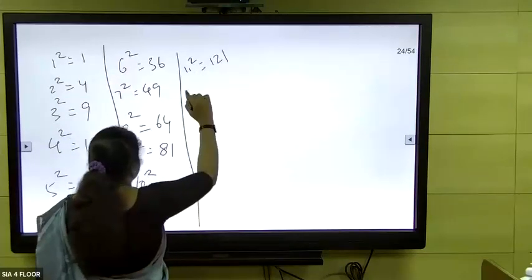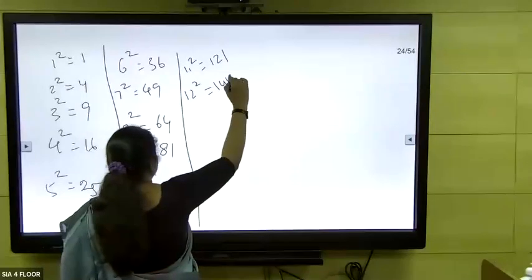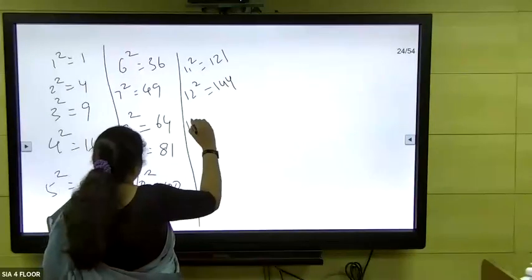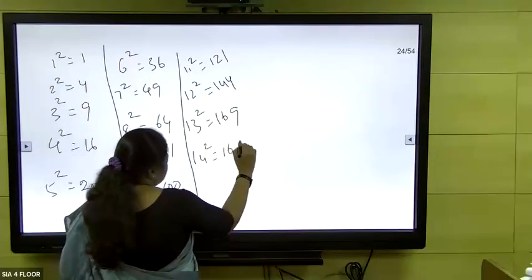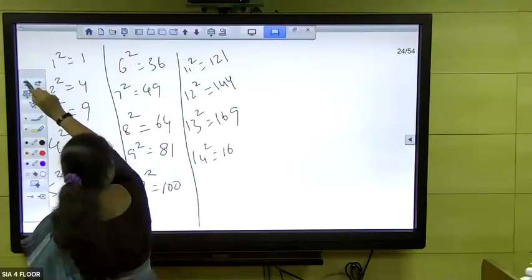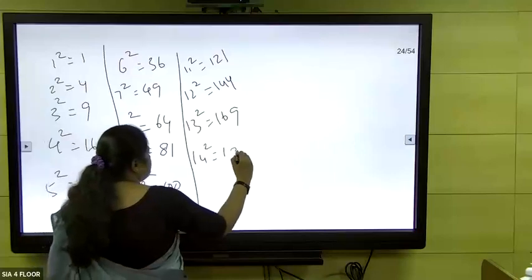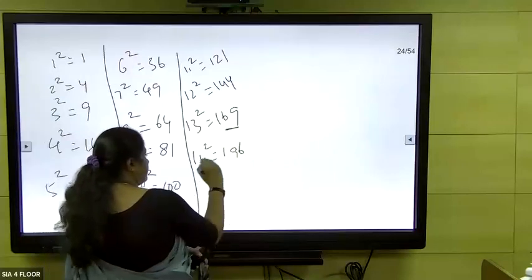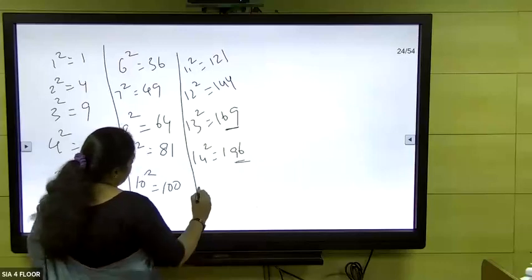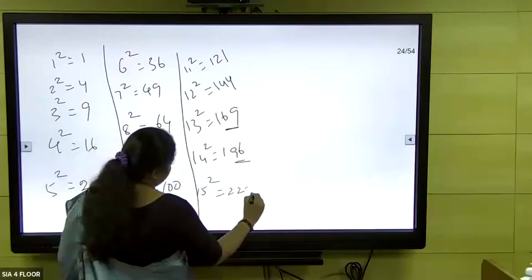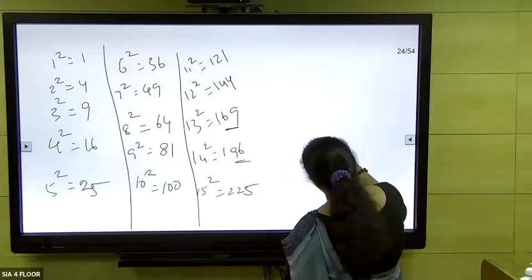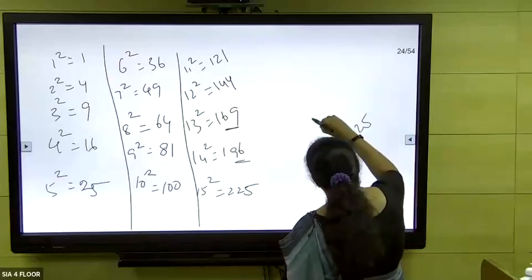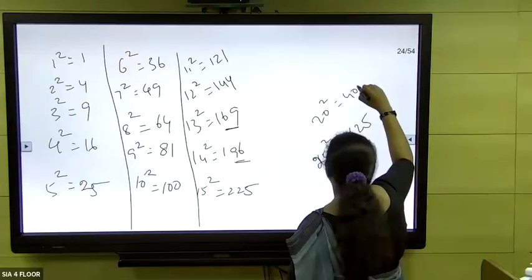From 11 to 15 is very important. You should know till 25, but at least till 15. You should remember 169. I think I told you in class that 13 and 14 are easy to remember: you have 169, and just the reverse of it is 196. So 15 square 225. And commonly used square numbers are 25 square, which is 625, and 20 square, which is 400.